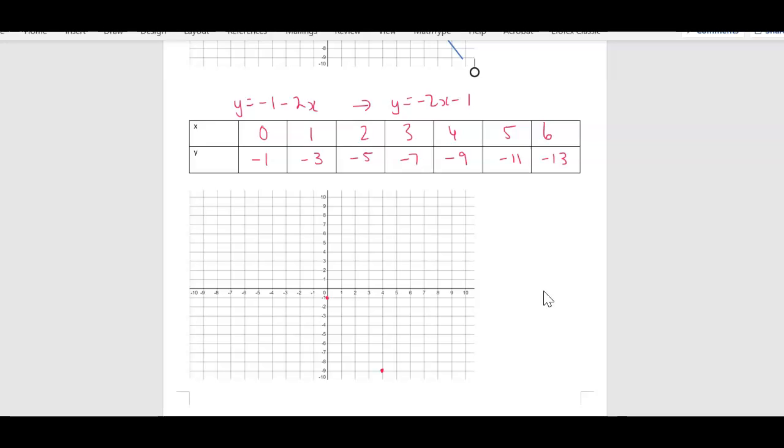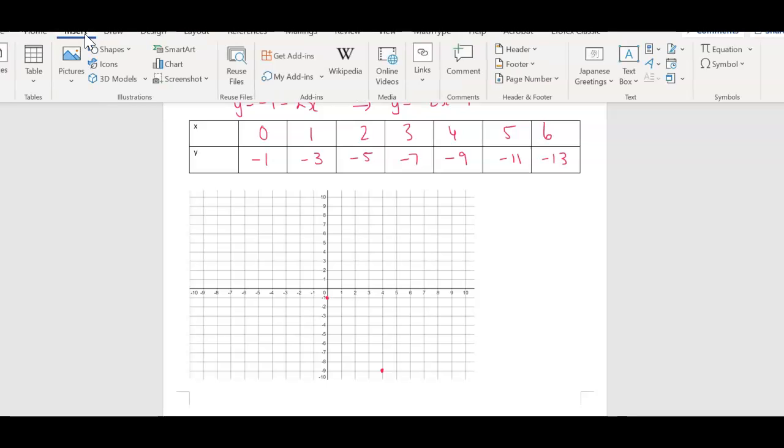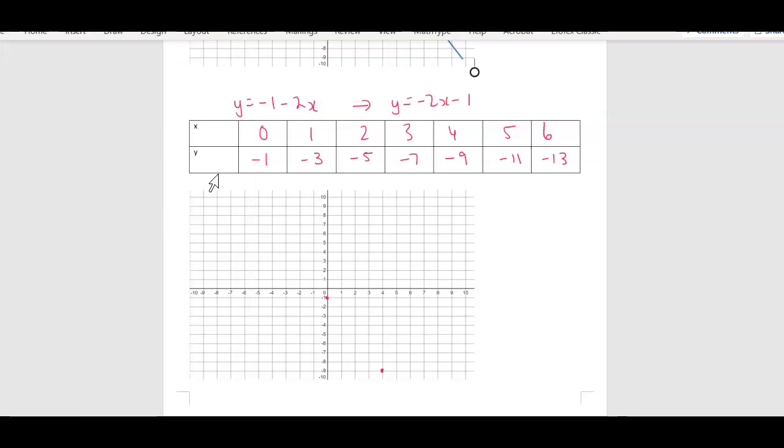Now those 2 points are far enough apart. Remember, you don't want 2 points that are close together. All right, let's put in our straight line. Might need to move that actually, because I'm not really going through that point. That's good enough.